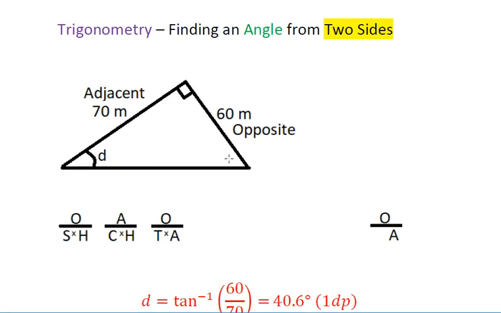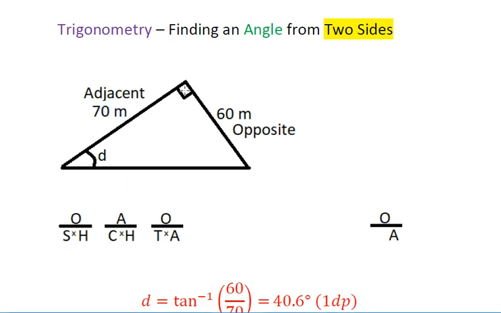Over here it's blank. We're not going to look for the opposite of this blank angle over here, even though we could figure it out later on perhaps, but we don't need to. It's not relevant right now, so we only look at our D, trying to find out what it is. The opposite of that D is 60 meters here, and we call that our O for opposite, and adjacent to that D we have 70 meters, because our hypotenuse is over here.